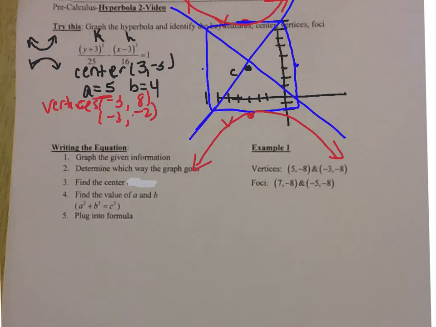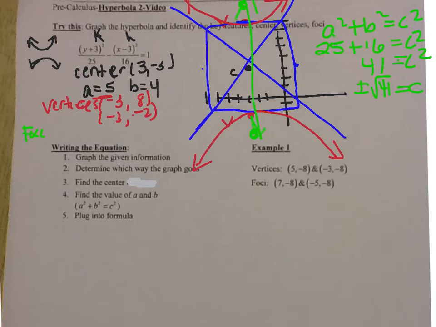Okay, so now let's find the foci. So one focus is going to be down here, and the other focus will be up here. So remember, to find the foci, we use a squared plus b squared is equal to c squared. So I'm looking for the c. So I have 25 plus 16 equals c squared. c squared equals 41, so c is equal to plus or minus the square root of 41. So my foci, since I'm going up, down here, that means I have to change my y value.